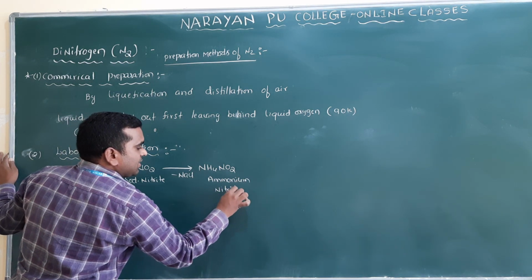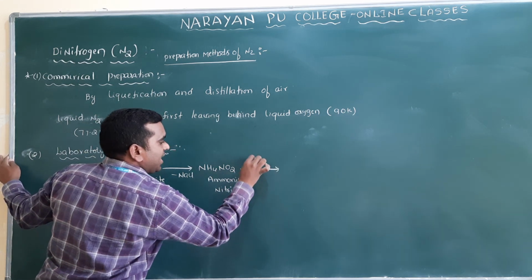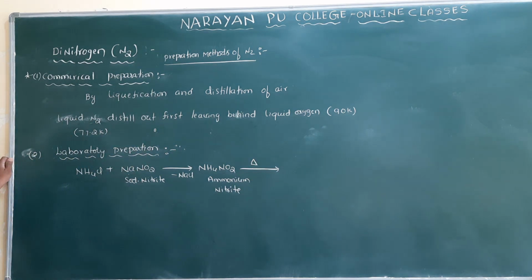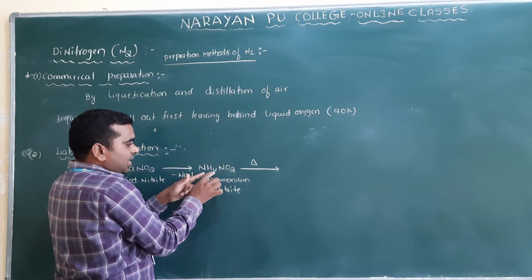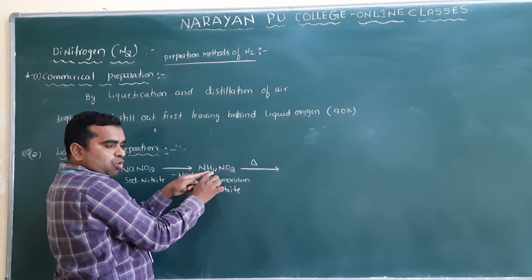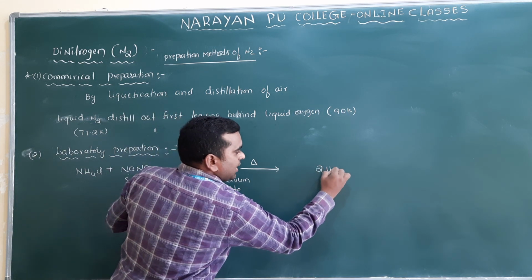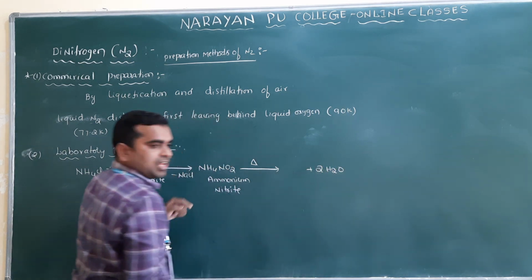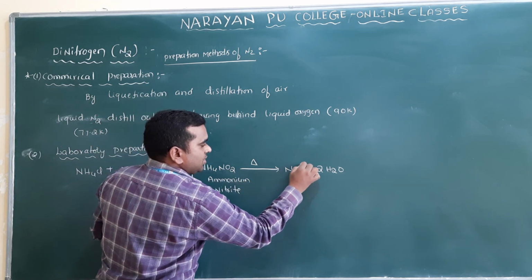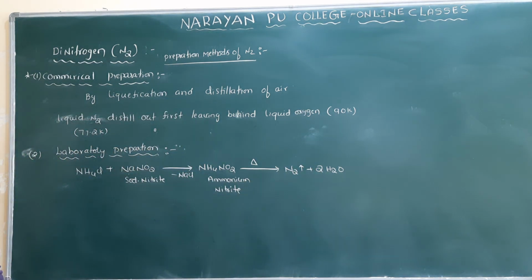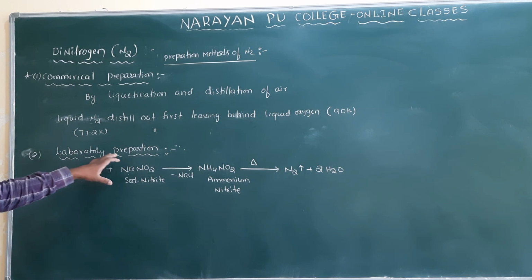This ammonium nitrite, on further heating, is the main compound. Then 2 oxygens and 4 hydrogens will be removed as 2H2O. Then what is left is N and N, you will get nitrogen. So this is the laboratory preparation.